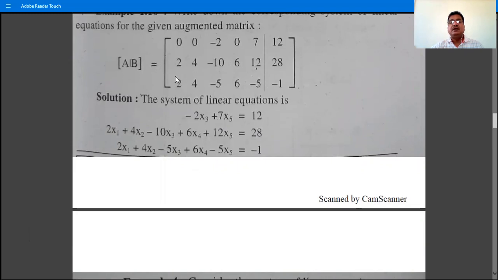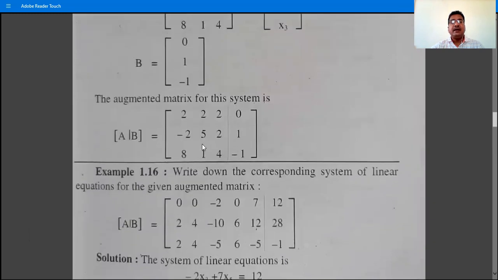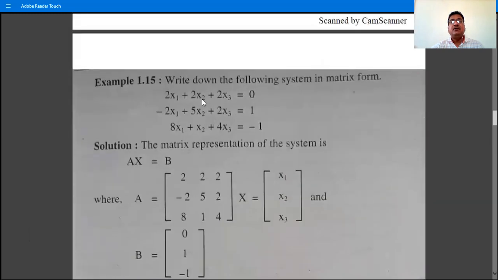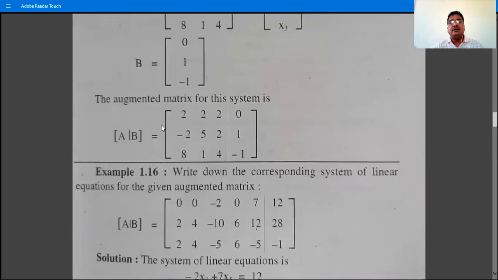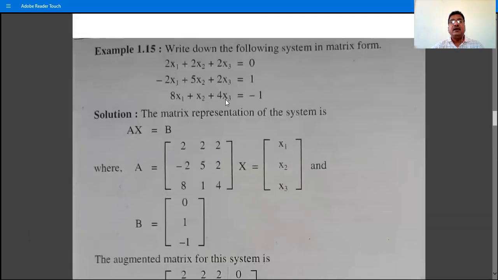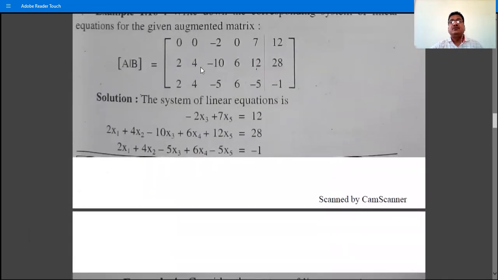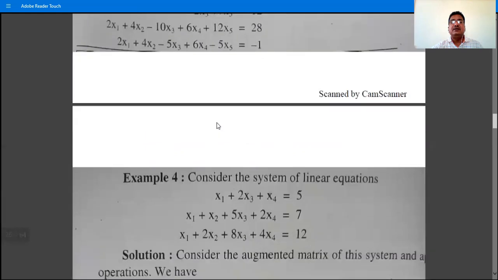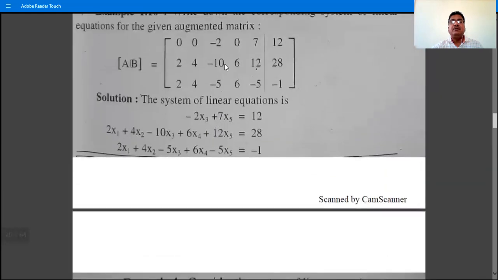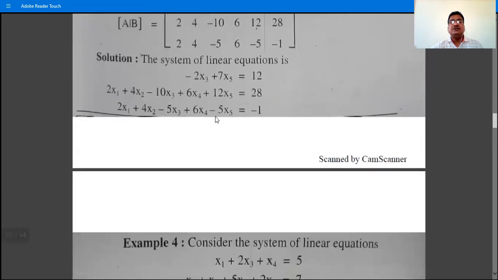The third equation is 2x1 plus 4x2 minus 5x3 plus 6x4 minus 5x5 is equal to minus 1. So from the equations we can write the augmented matrix, and from the augmented matrix we can write the system of linear equations.